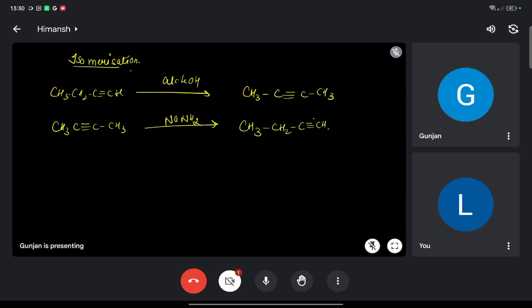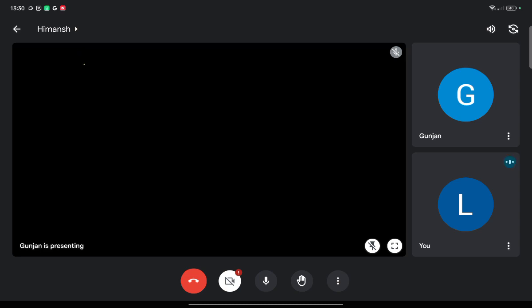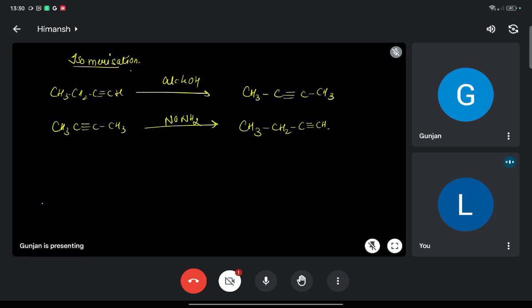Okay, clear? Yes, ma'am. Clear, ma'am. Yes, it will go to center. In alcoholic KOH, the triple bond will move to center, but with NaNH2, it will go to the end position. Ma'am, it will go to either end, we can say. Obviously.